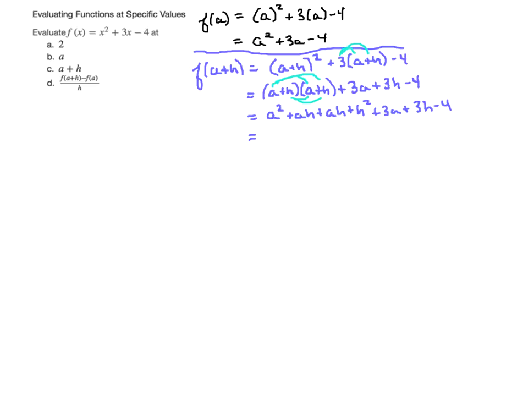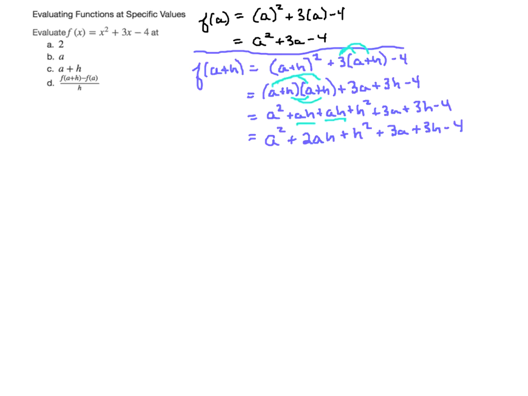So, now combining all my like terms together, I've got like terms here, and that's it. Those are the only like terms I have. So I get a squared plus 2ah plus h squared plus 3a plus 3h minus 4.